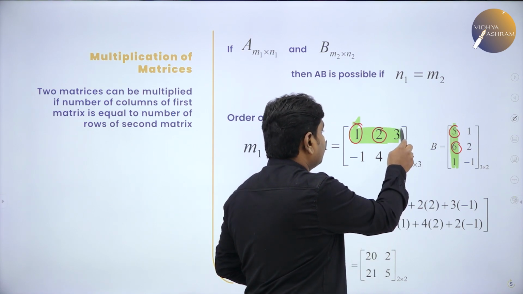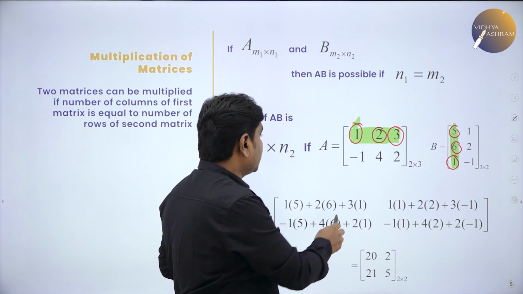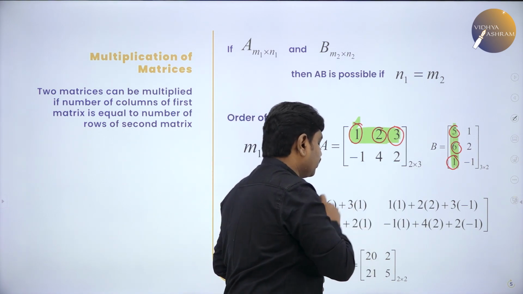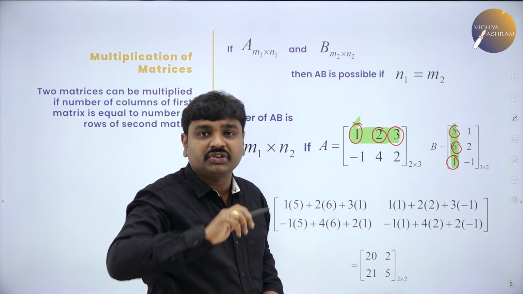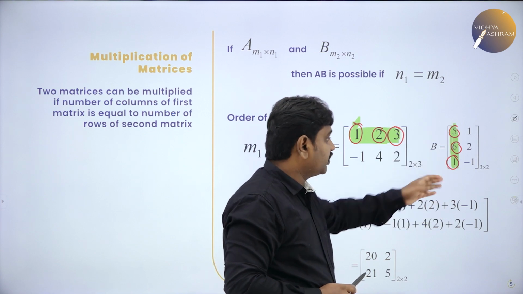Plus first row third element with first column third element: 3 into 1. So now we are done with first row with first column. The first row was 1 2 3, and we multiplied it with the first column 5 6 1.